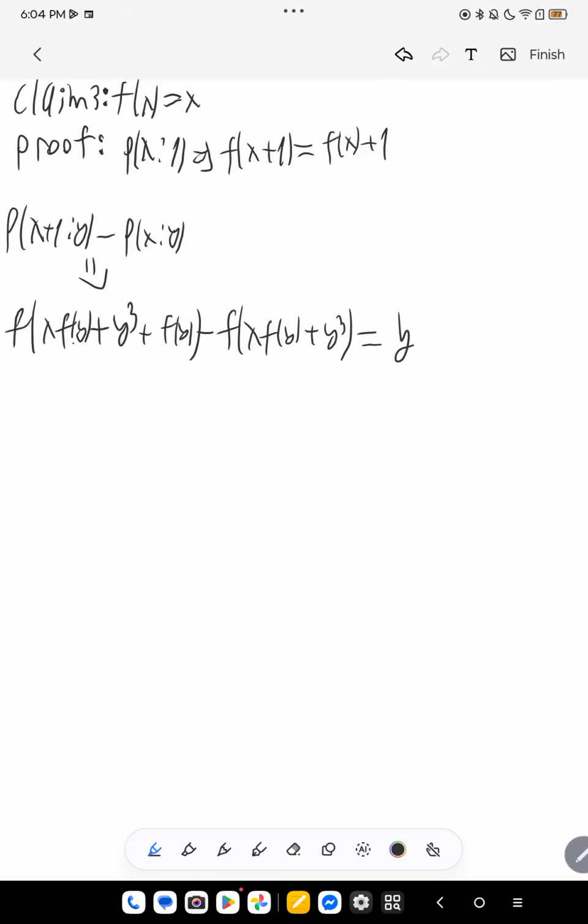Notice that this is injective, because we can choose x such that this could be equal to anything. So let's assume that this is equal to z and this is also z. So we get f(z) plus f(y) equals f(z plus y).